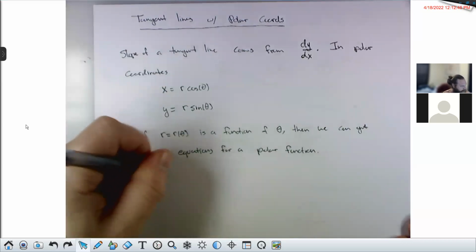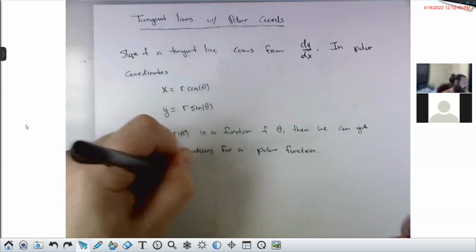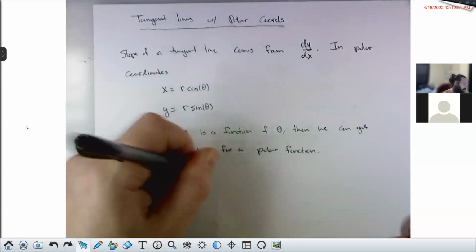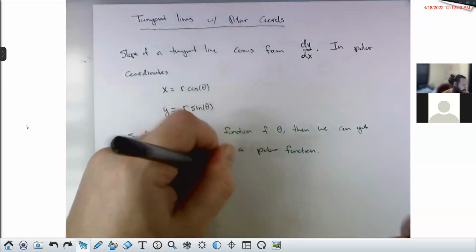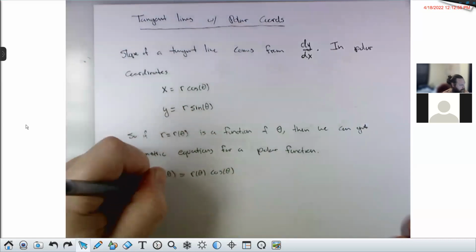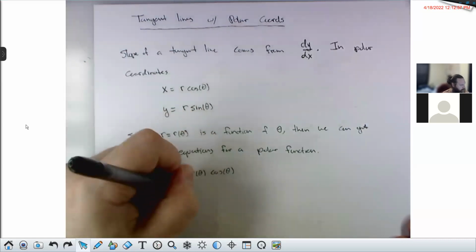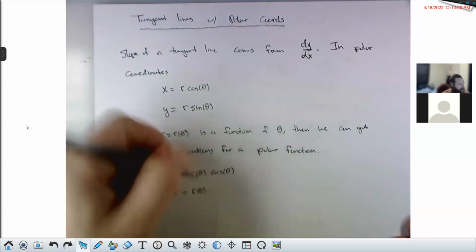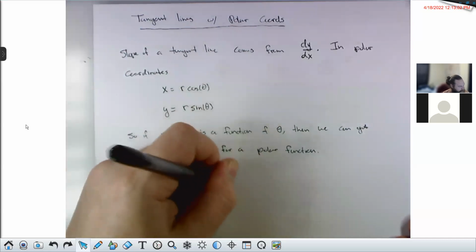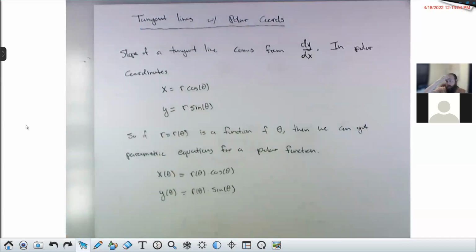So I would say x of theta is r of theta times cos theta, and y of theta would be r of theta times sine theta, right? R of theta is like the curves we were looking at a second ago. R of theta equals whatever, sine 2 theta. You take that function for r and you plug it into these equations that tell you how to go back and forth from Cartesian to polar.